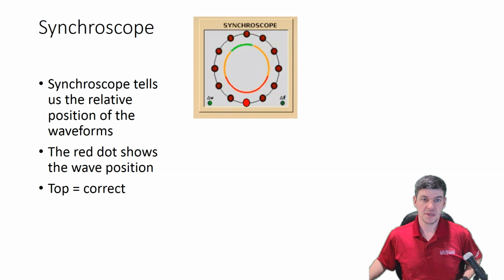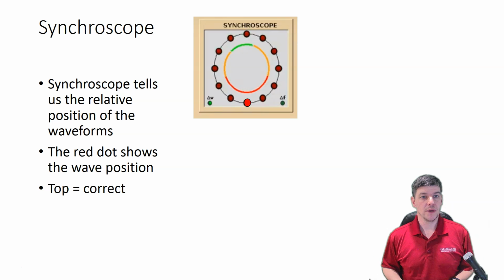Okay, your Synchroscope's going to indicate for you where that positioning is. And in general, that red dot is going to circulate around in a circle. And if it's going in the clockwise direction, that's a good thing. It means the generator is going slightly faster, or it's going faster than the grid.